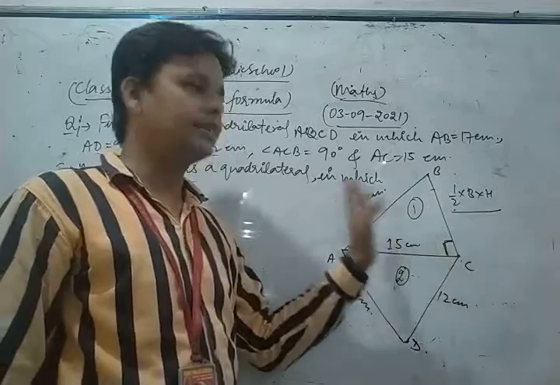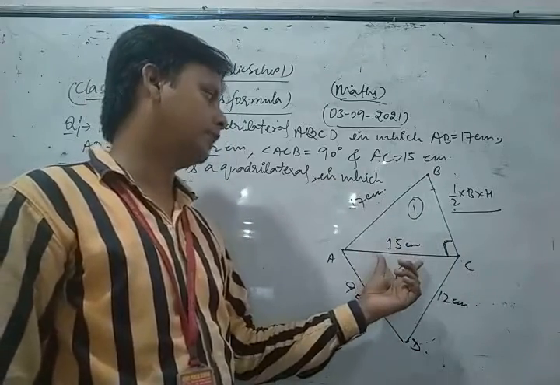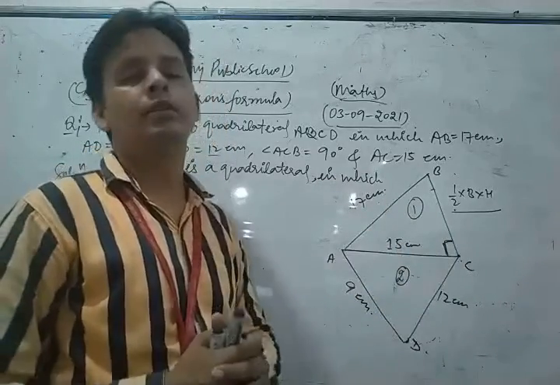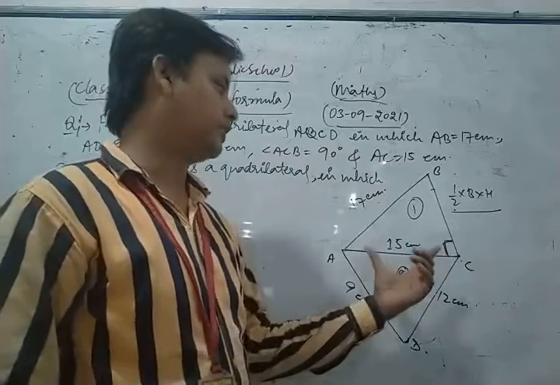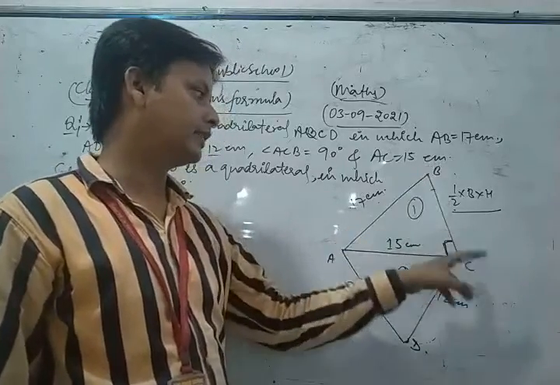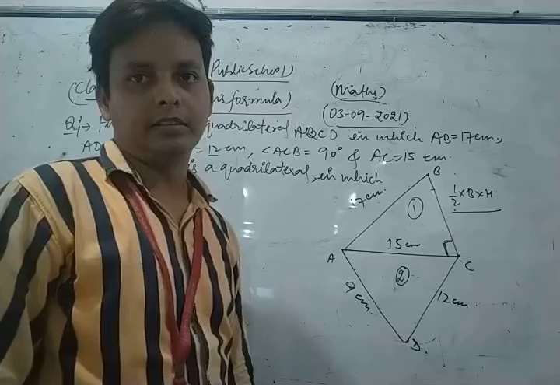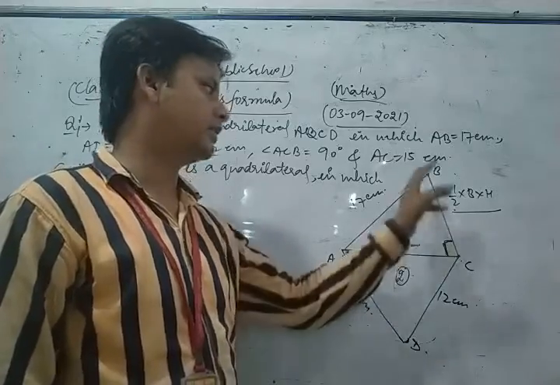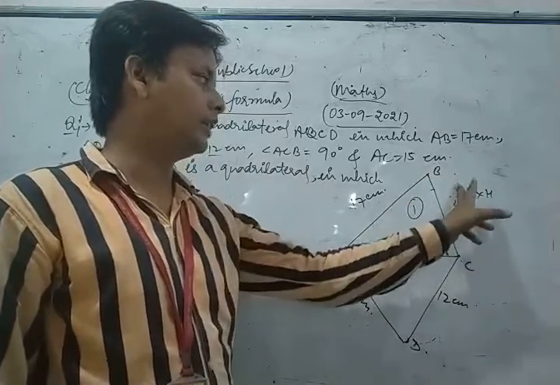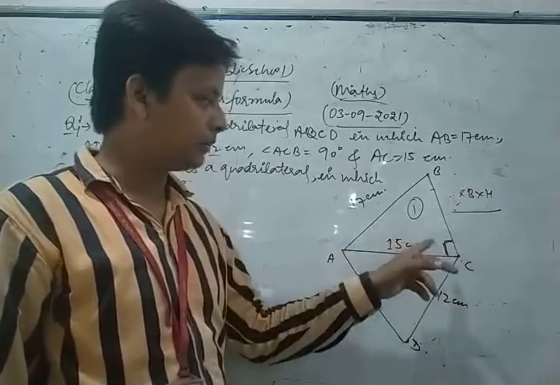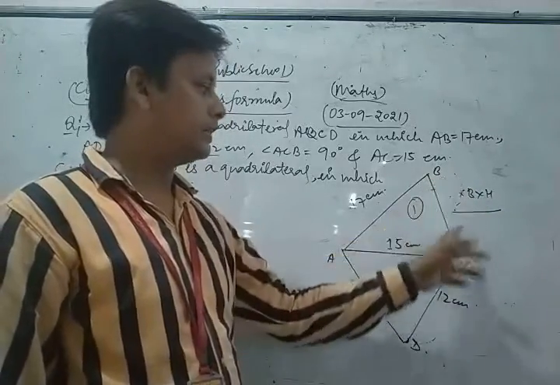Because here angle C is 90 degree, we can apply this formula. Base we take as AC and height we take as BC. So for finding the height BC, we apply the Pythagoras theorem in triangle BCA.